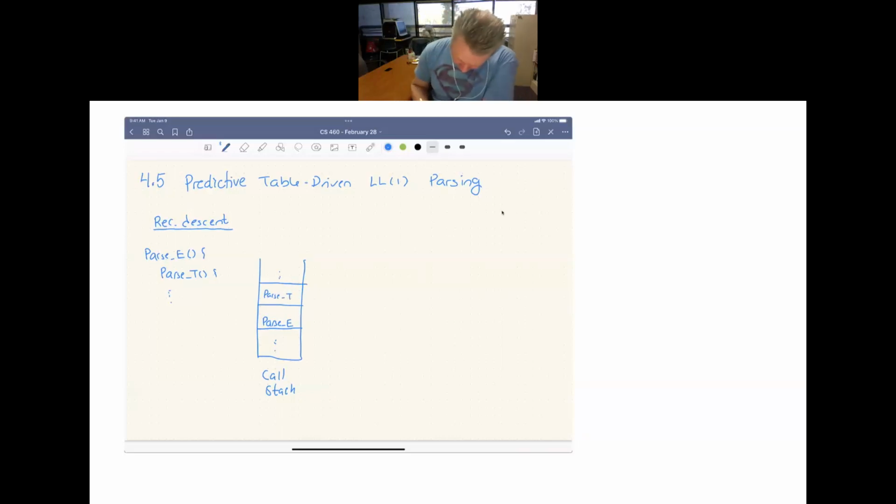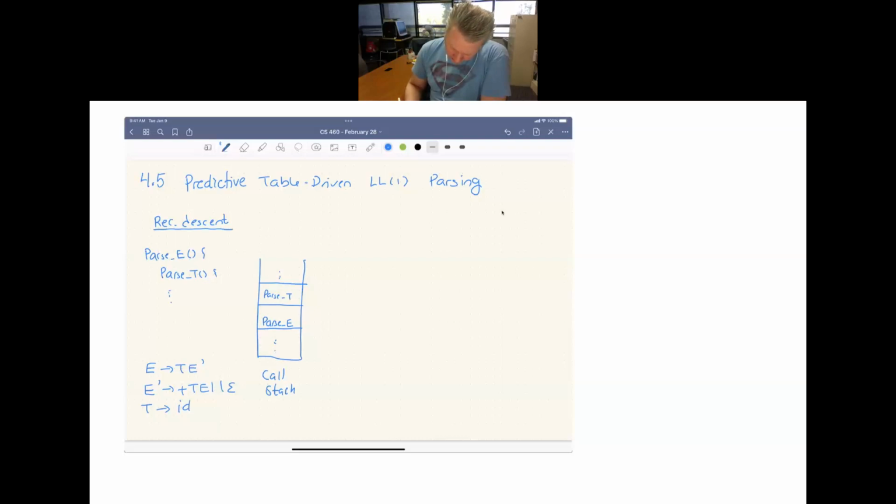Now, if I look at the grammar, that looks something like E goes to T E prime, E prime goes to plus T E prime or epsilon, and T goes to ID, the easy one, for example.